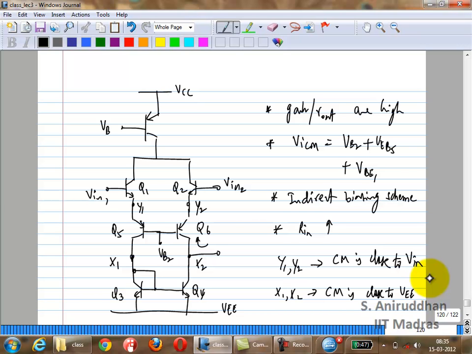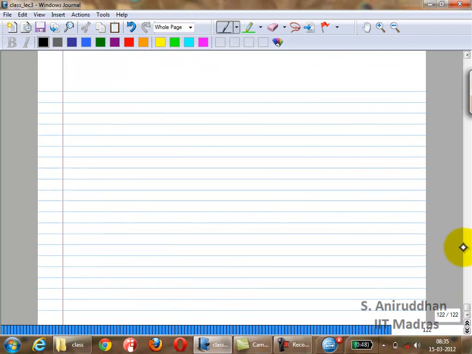In this particular case, we are using it to shift it from wherever V in 1 is, close to the negative supply. Okay. I said we have decoupled the input common mode from the output common mode of the first stage. That's what I said. Okay.